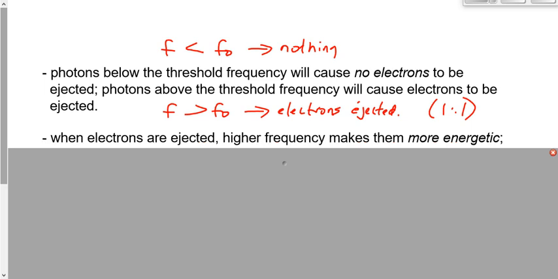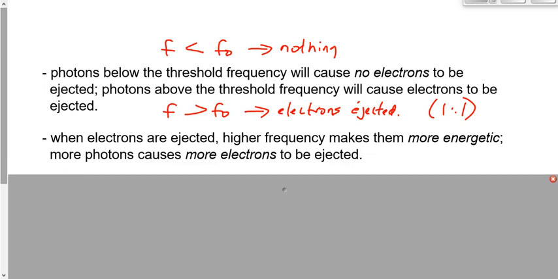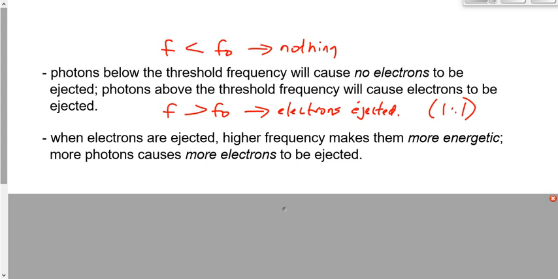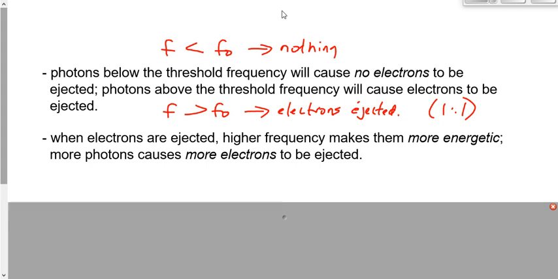Now, assuming that the electrons are ejected because we're above the threshold frequency, if you jack up the frequency even higher than the threshold frequency, then we don't get more photons, we get more energetic photons. Remember, the equation that relates energy to frequency is E is equal to h times f. If you increase the frequency, then you're going to increase the energy of the photon.